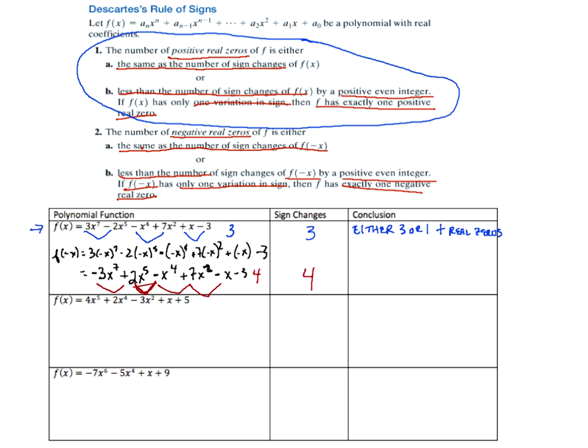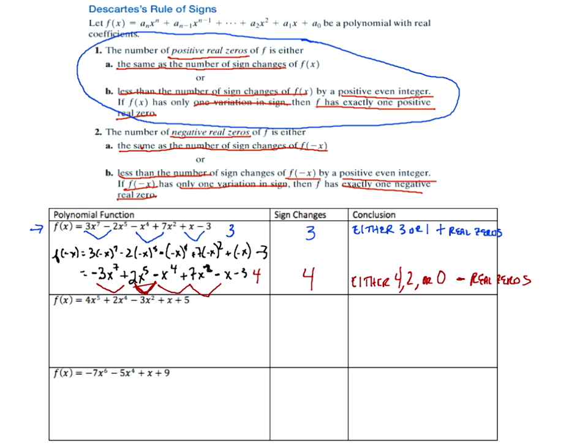Okay? F of negative x tells us about negative real zeros. It either has the same, so it either has 4, or it has less than the number of sign changes by a positive even integer. So it has 4, 2, or 0 negative real zeros.